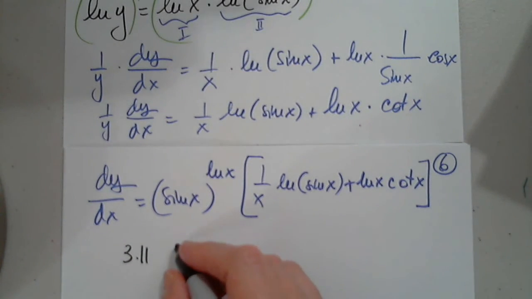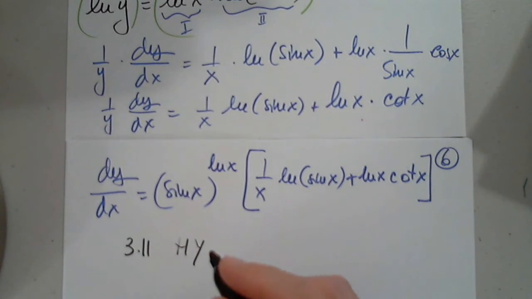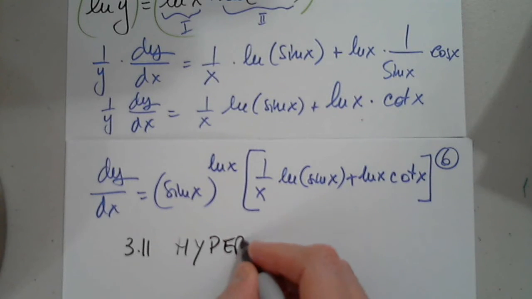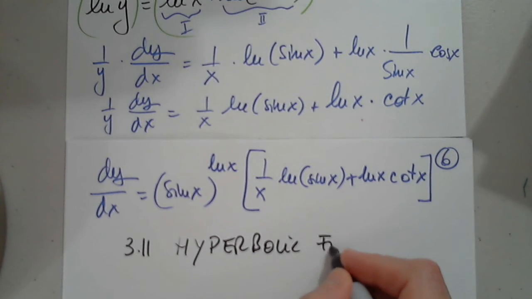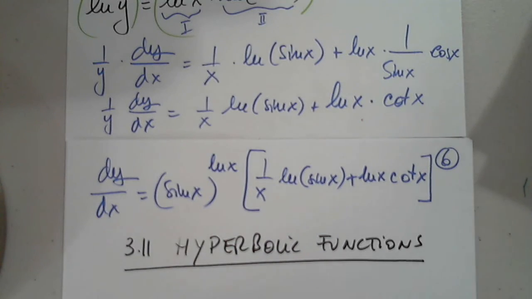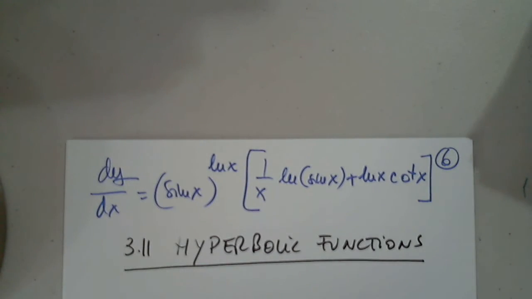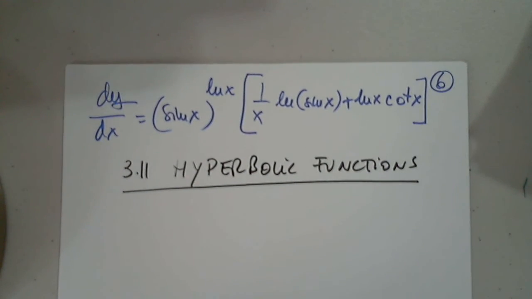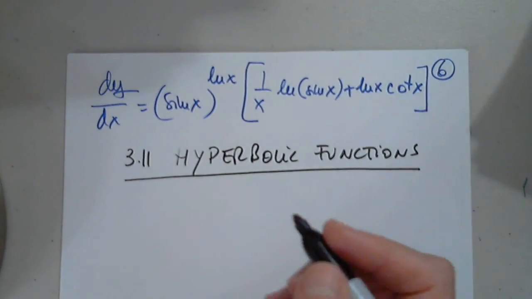Okay, so we have what is called, I promise you this is the last function, a group of functions, hyperbolic functions. Hyperbolic functions are exponential functions, basically, at the core. And we're going to look at 3 of them. There are 6.